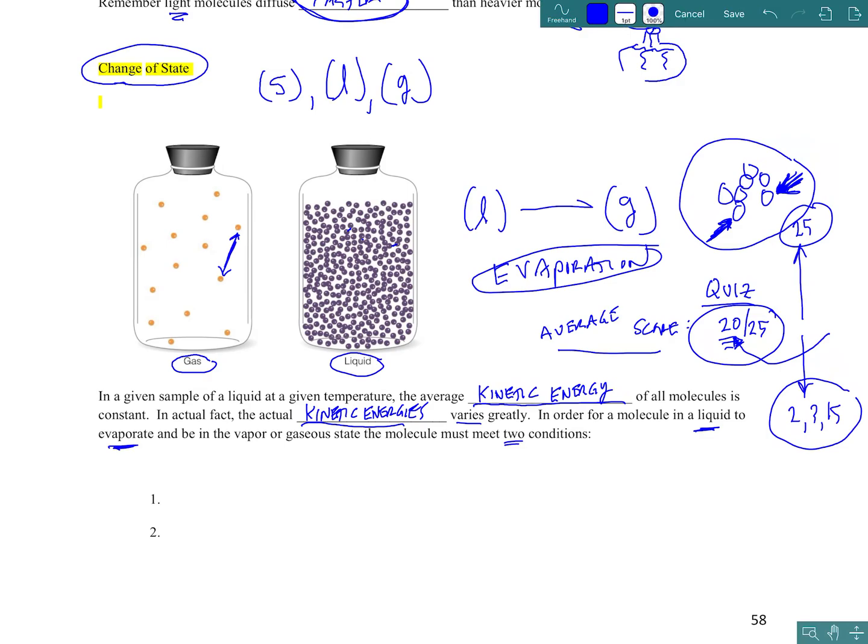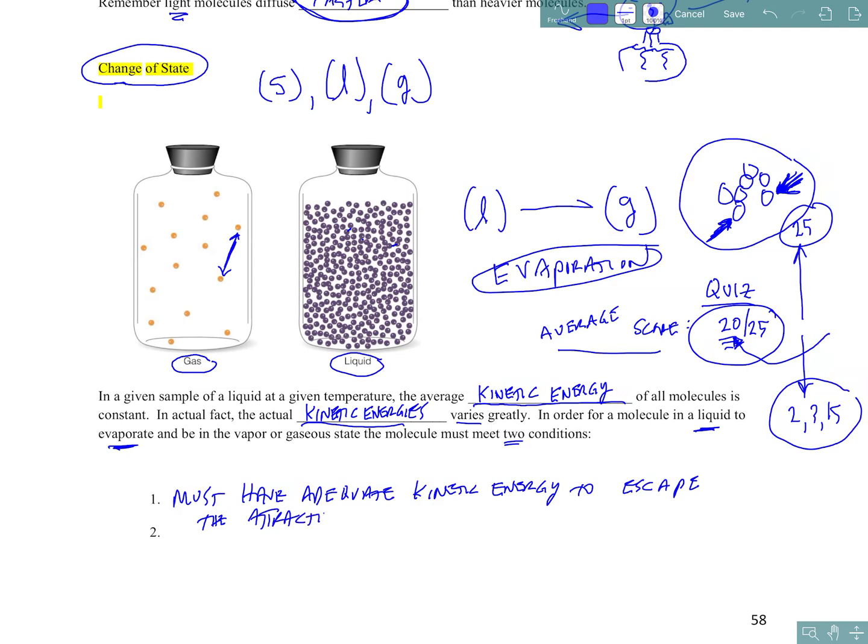Number one, in order for a molecule to evaporate, it must have adequate kinetic energy to escape the attractive forces of its neighboring molecules.